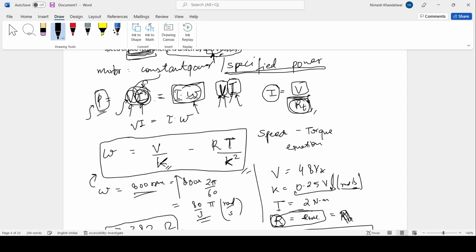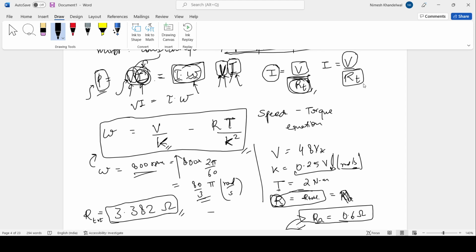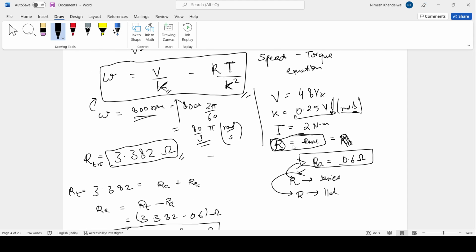And how do you change current? Current depends on your voltage and the total resistance of the circuit. We have discussed already, we cannot change the voltage, so that is why we change the resistance. And how we change the resistance, we saw here.